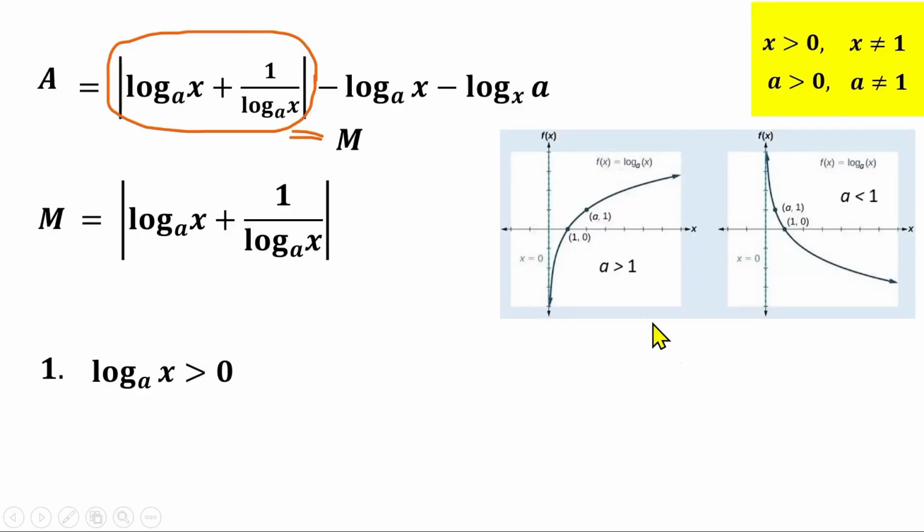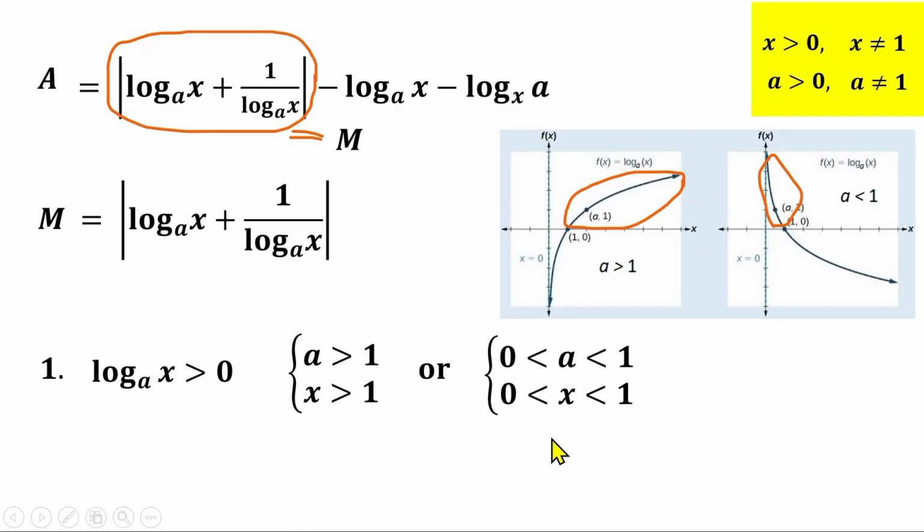For the first case, a greater than 1, the logarithm is positive in this area, so for a greater than 1, x greater than 1. For the case a less than 1, the logarithm is positive here. It means that we have a second range for a and x, which is given by these two inequalities. In this case, the logarithm is greater than 0, and we can write that M is equal just to the sum here.